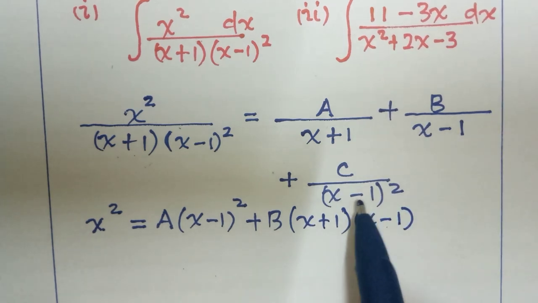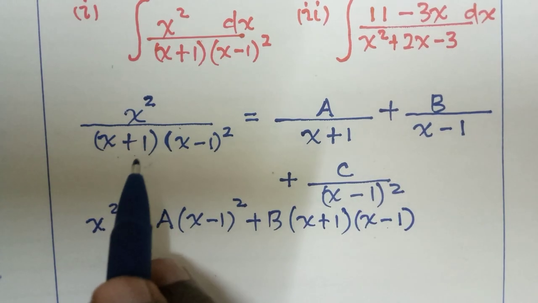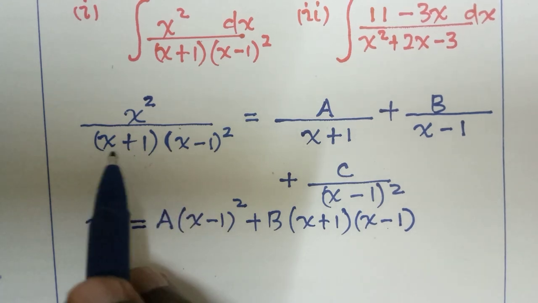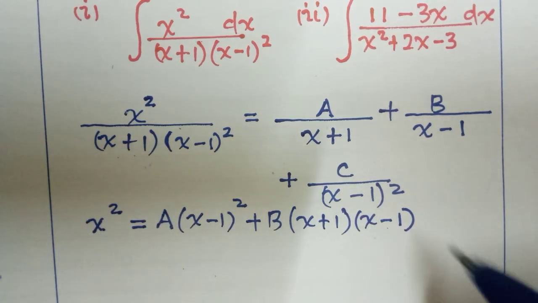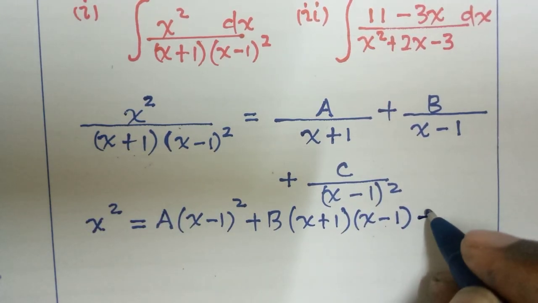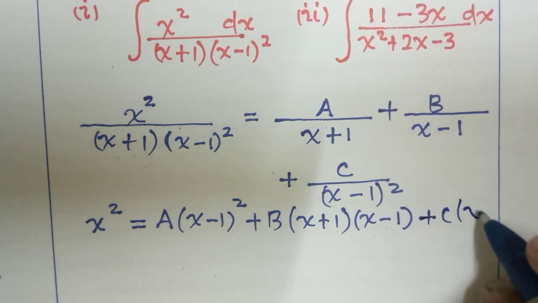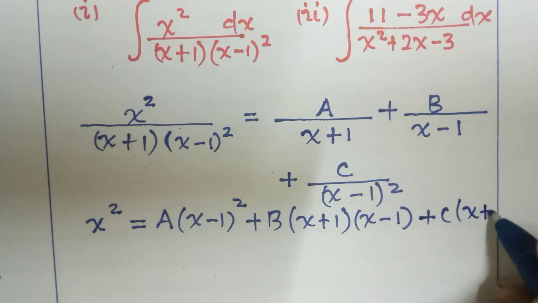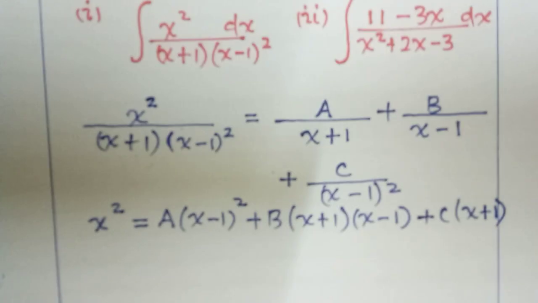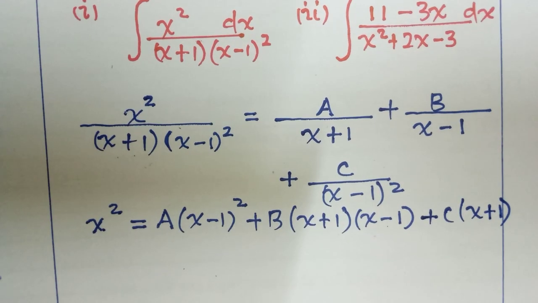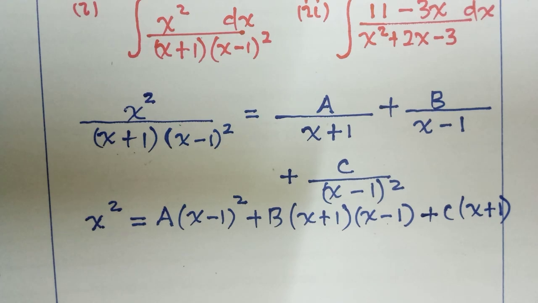You come to this one divide by that. You remain with x plus 1, then you multiply by c. So you'll have c, then x plus 1, like that, guys.